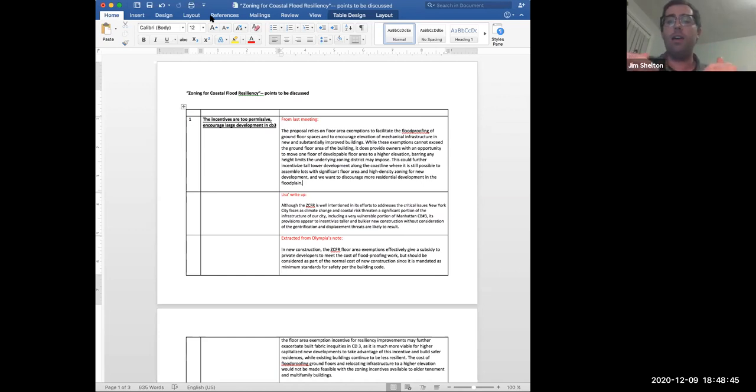So I don't think it's per se encouraging new construction, but it is mostly only encouraging resiliency in new construction, because I just don't see, after thinking about it more and more, how that extra exemption would make a rehab financially viable for an old tenement building or an old multifamily building to relocate mechanicals or ground floor residential uses to a higher elevation. So I just wanted to open up with that to be specific about what we're concerned about incentivizing.